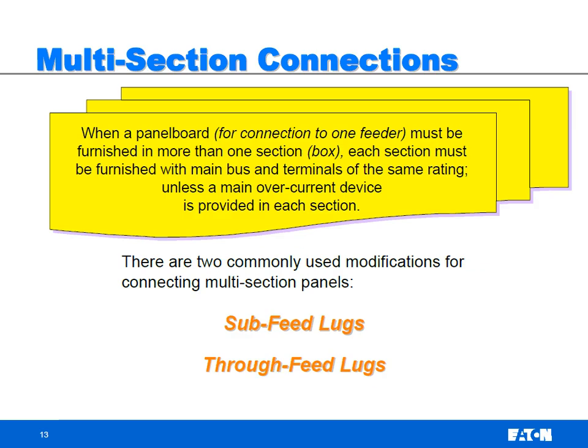Multi-section panel boards. Now, a couple years ago, I was coming up here saying NEC had this rule about a 42 circuit limit. It's called a lighting and appliance panel board. NEC says no panel board can be more than 42 circuits, branch circuits, except for a few conditions.